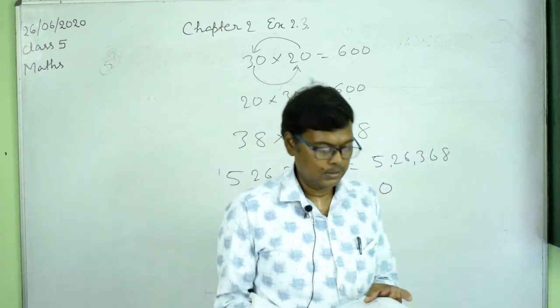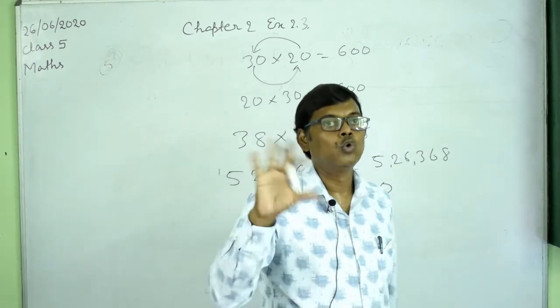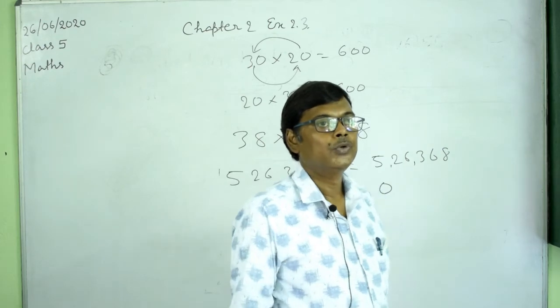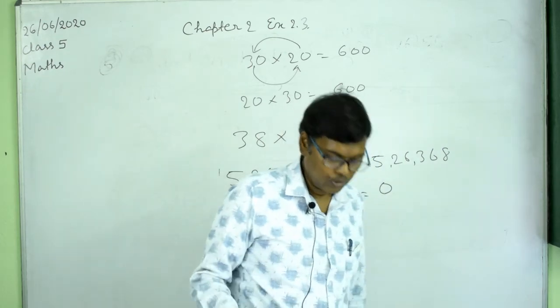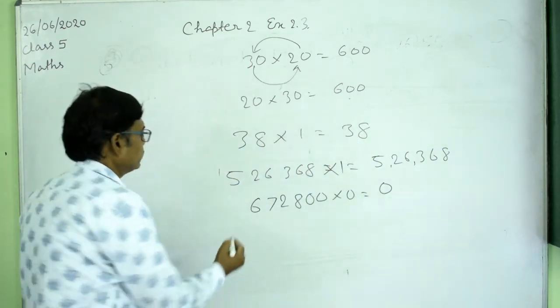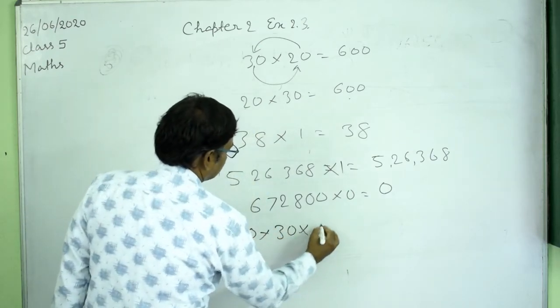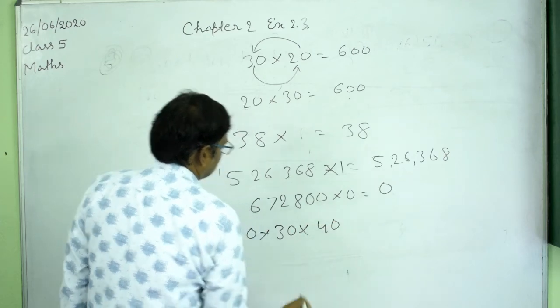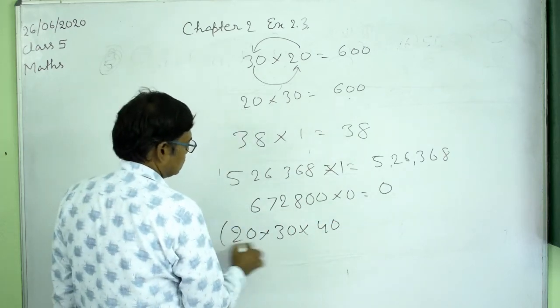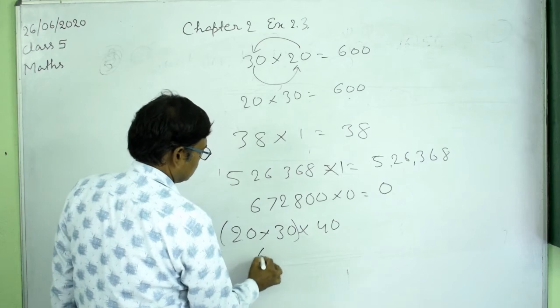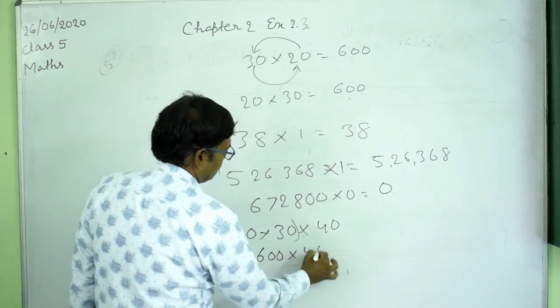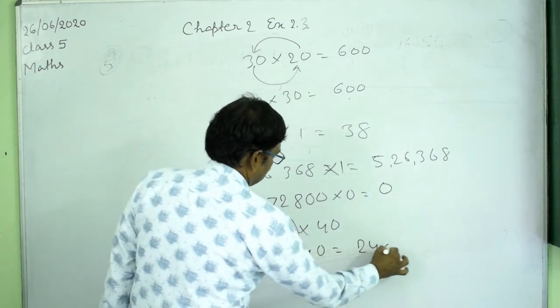The fourth property is the grouping of the numbers. Suppose you have 2 into 30 into 40. Multiply this group first, so it will be 600 into 40 equal to 24,000.